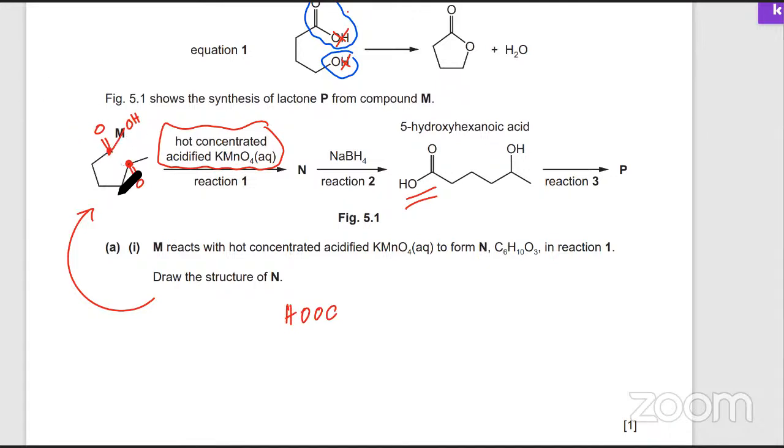Then there's another CH2. Then there's another CH2. ठीक है, there are 3 CH2s. उसको CH2 करके भी लिख सकते हो. What you can do is you can write CH2 and bracket thrice, right? So you clear this is carboxylic acid, then there are three CH2s, then there's a ketone.